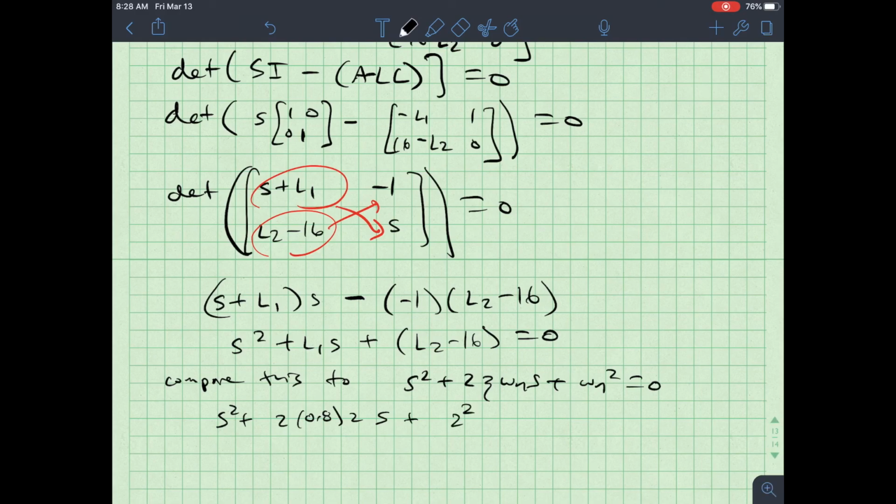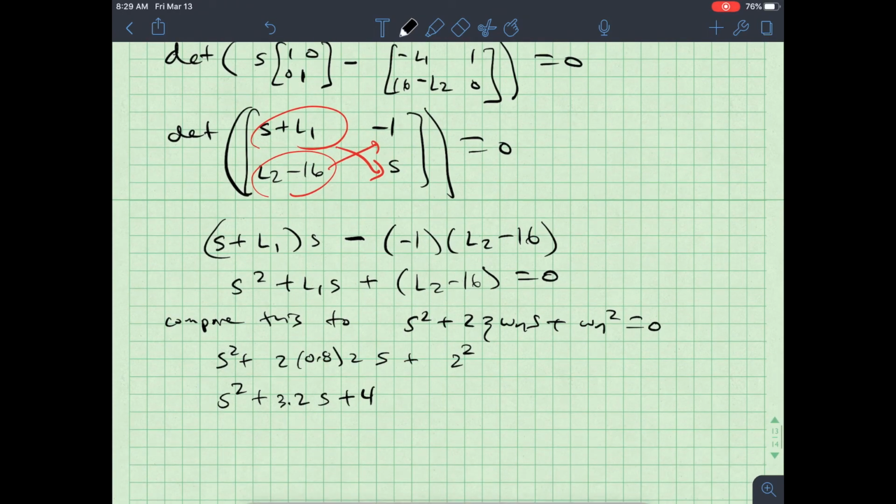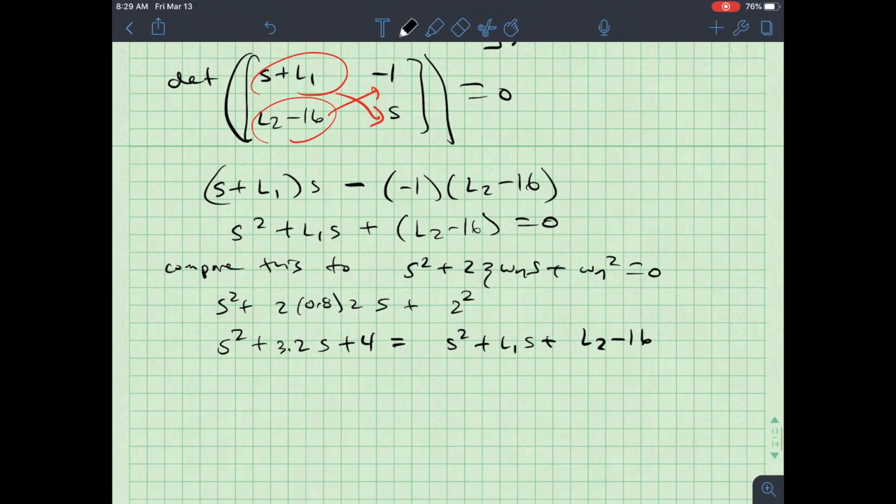So in other words, this is equal to s squared plus 3.2s plus 4. And then I'm comparing that to s squared plus L1 s plus L2 minus 16. Those two things are equal to each other. So I know that L1 must be 3.2 and L2 must be whatever 4 plus 16 is. Whatever that magic is, L2 is 20.